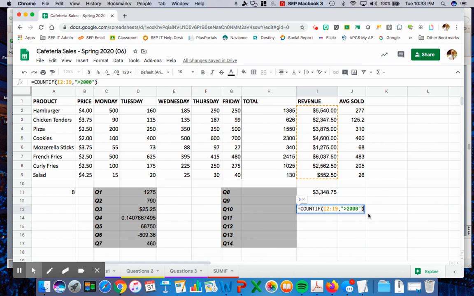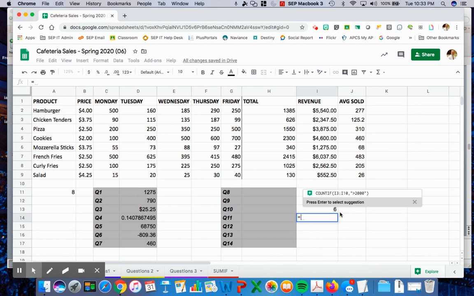So there's COUNTIF. Count values in a range of cells that meet a criteria. Maybe just to play with one more, I want to know how many products in the cafeteria sold less than 100 units on Tuesday.